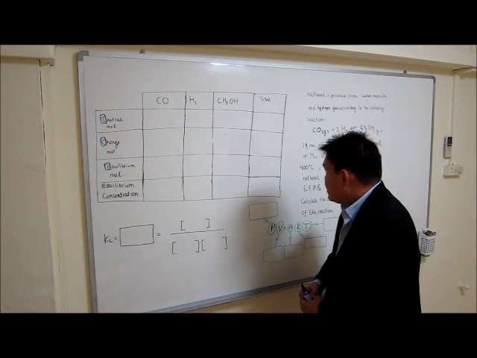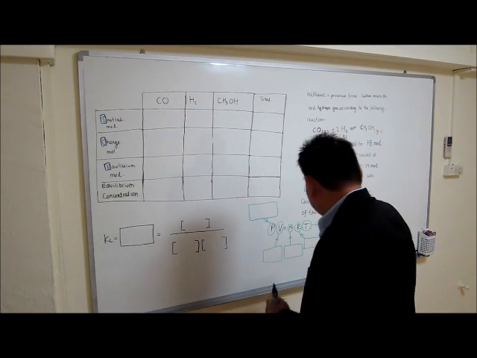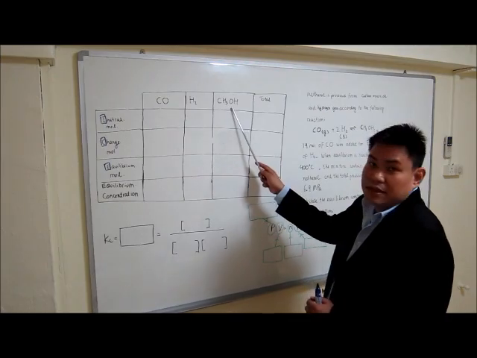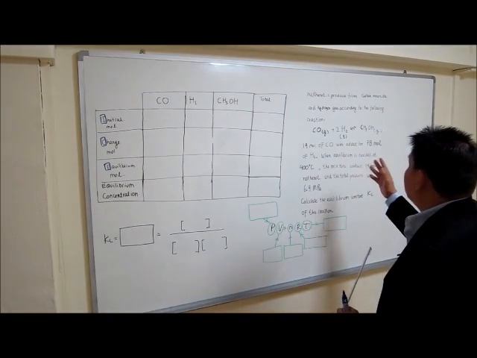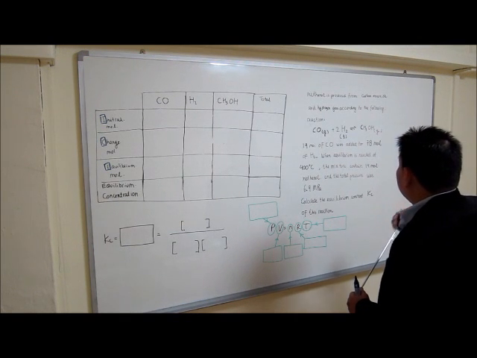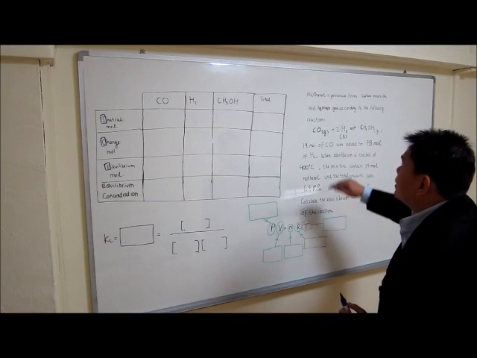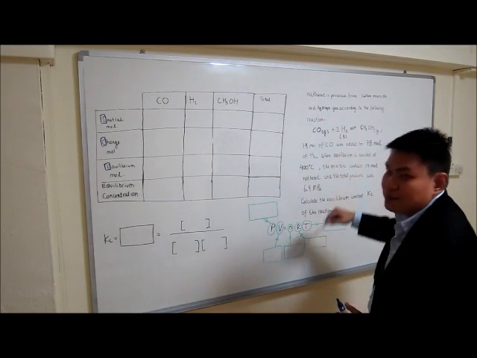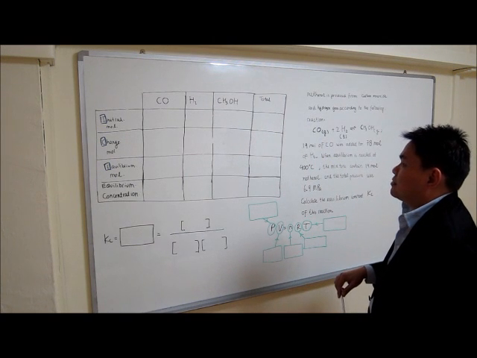There are three substances involved. The reactants are carbon monoxide and hydrogen. The product is CH3OH. And as I mentioned, if the reactants and products involve gas, it's easier for us to add one more column, which is the total of all these substances.